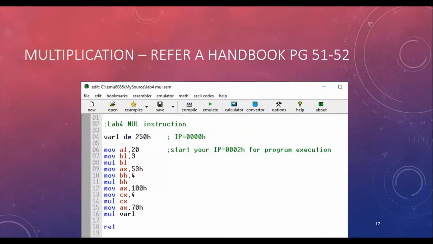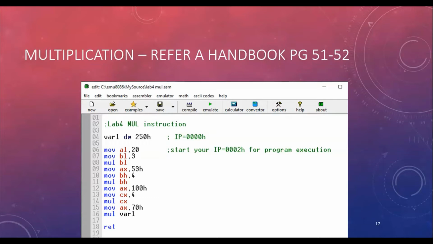This lab is slightly different from the previous lab, because here the instructions don't start with origin 100H. I want to show you what happens if we don't write origin 100H. We will look at it later.